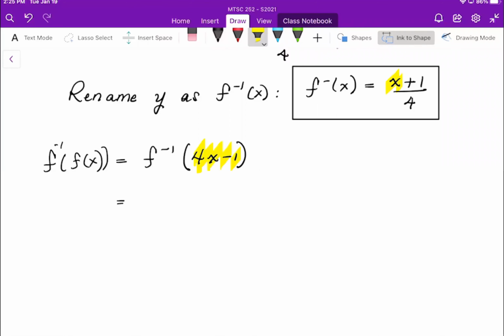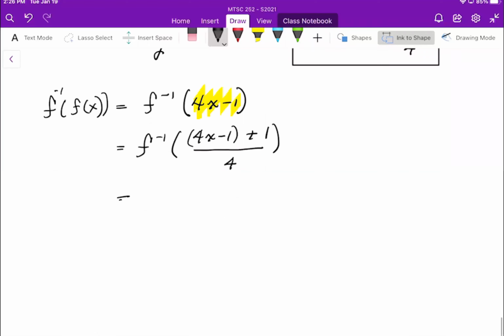So f inverse of anything is to take that thing, add 1 to it, and then divide by 4. So therefore, f inverse of that thing is going to take that thing, 4x minus 1, add 1 to it, and then divide by 4. I'm sorry, that's what f inverse does.